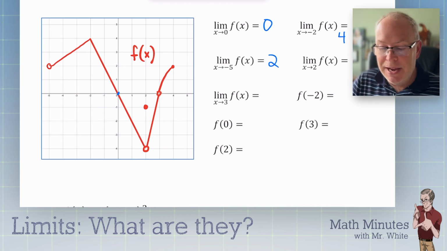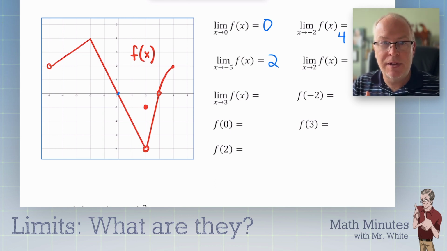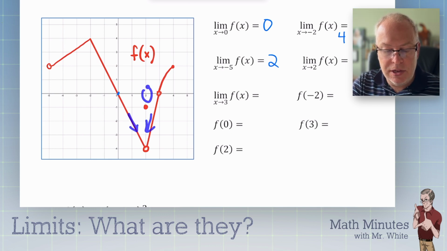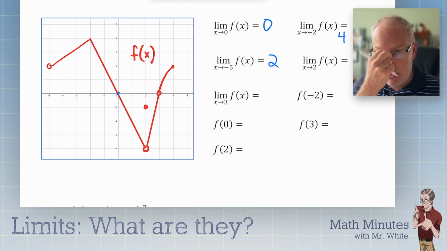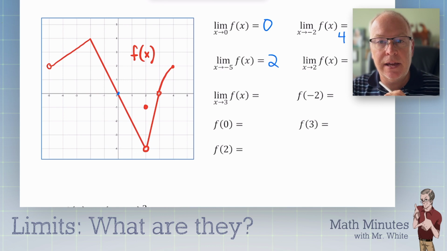The next one, limit as x approaches 2. All right, this is the one, I did this on purpose because we have to have this conversation. We are heading toward x equals 2. We're on a freight train or we're on a roller coaster coming in both directions here. Don't you think that we would expect to arrive at y equals -4?